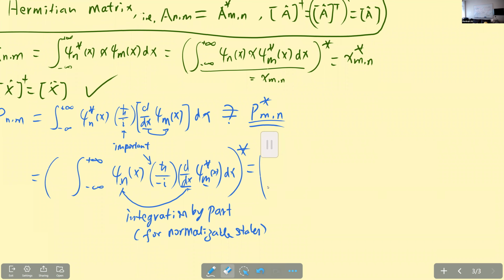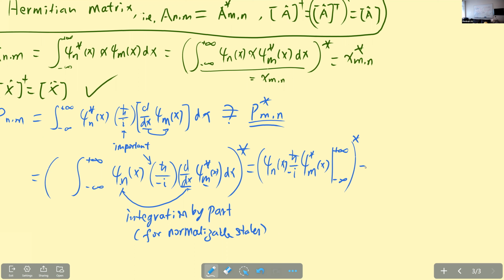Okay, let me write down this one more carefully. Okay, so you have two terms. One term is ψ_m*(x) ħ over minus i ψ_n(x). You take the h of this one and take the complex conjugate, right? Okay.